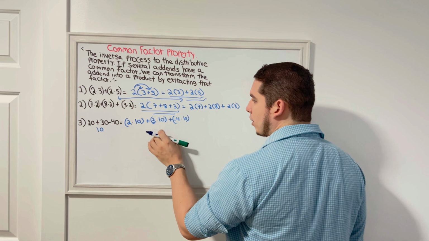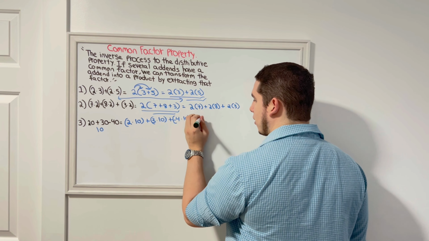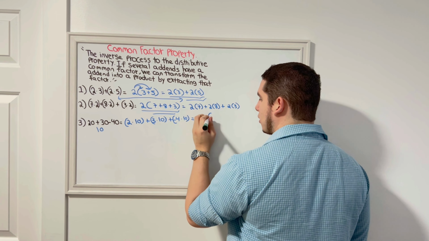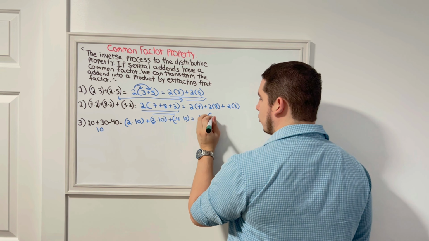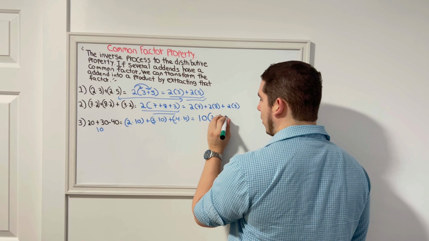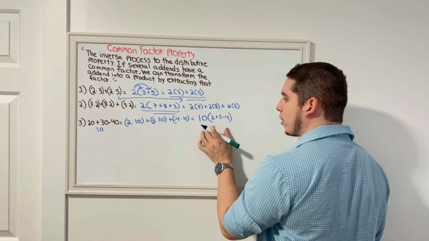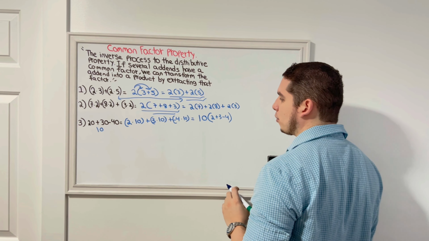Now, I have noticed that there's a common factor, the 10. Therefore, I can extract the 10 and say that this is multiplying 2 plus 3 minus 4. And this would be the way to apply your common factor property.